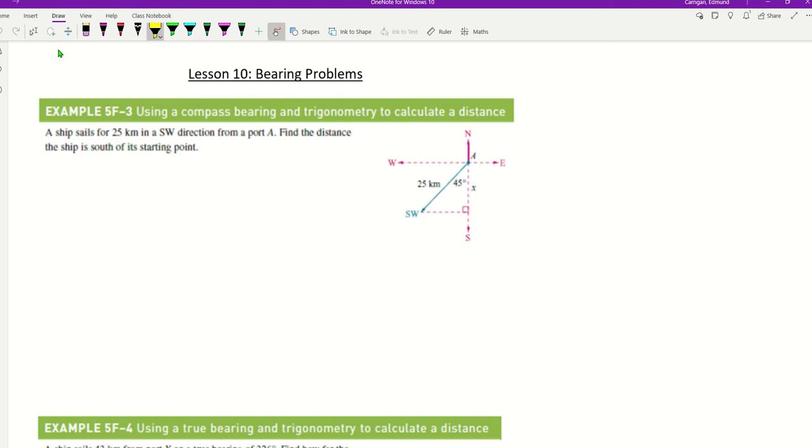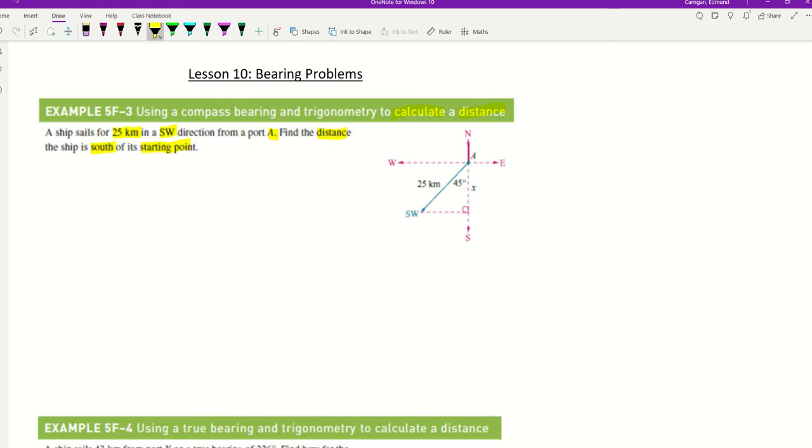So if I read this question, the example says using a compass bearing and trigonometry to calculate a distance. So that in itself gives me an idea of what I'm doing. I'm calculating a distance. Okay, so a ship sails for 25 kilometres in a southwest direction from a port A. Find the distance the ship is south of its starting point.